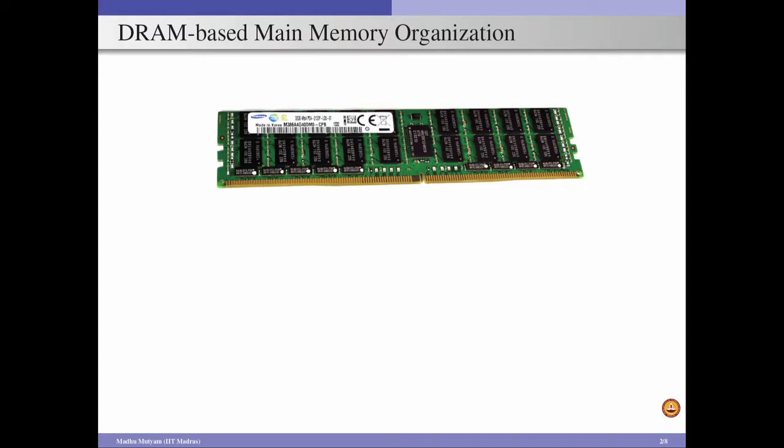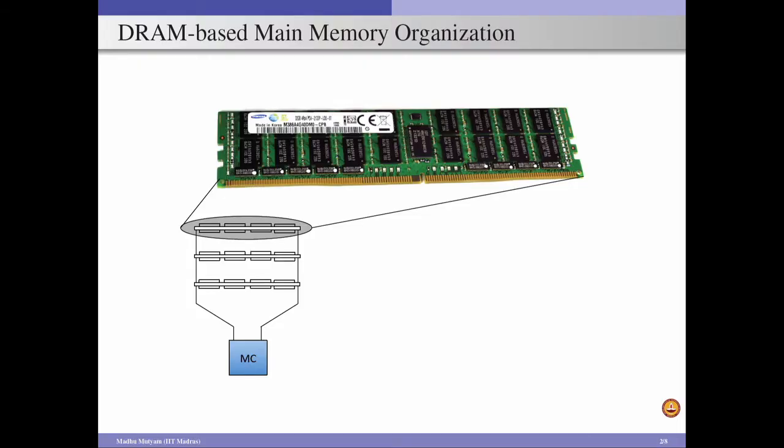In order to overcome the memory wall problem, we know that we have to use multiple levels of cache hierarchy as well as large capacity memories. So with that in view, memory vendors are supplying DIMMs with huge capacities, and for instance this particular DIMM is supporting 32 gigabits of capacity.